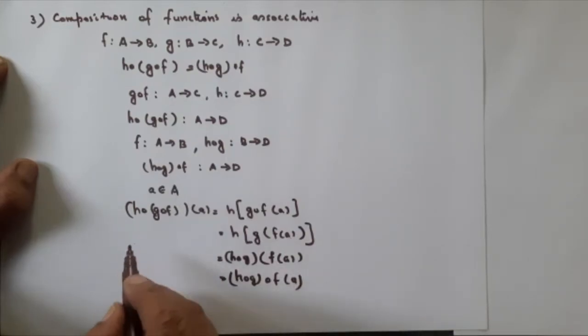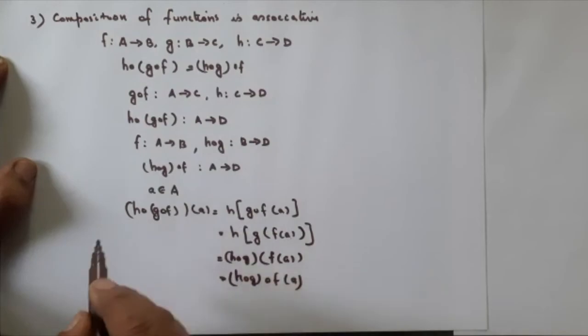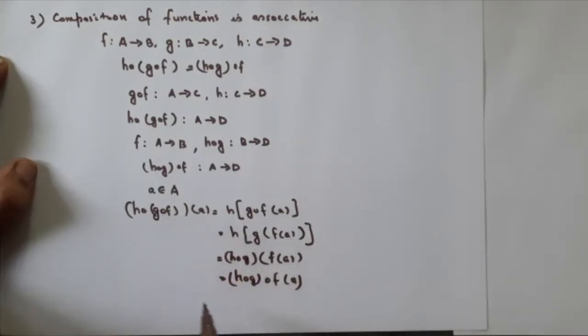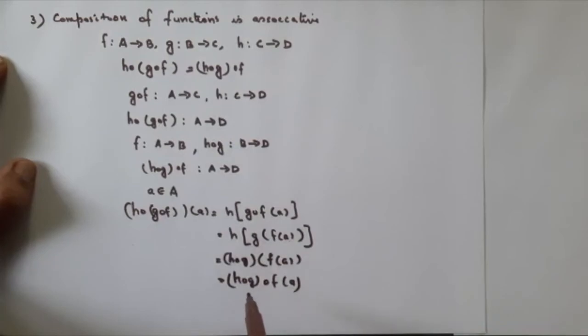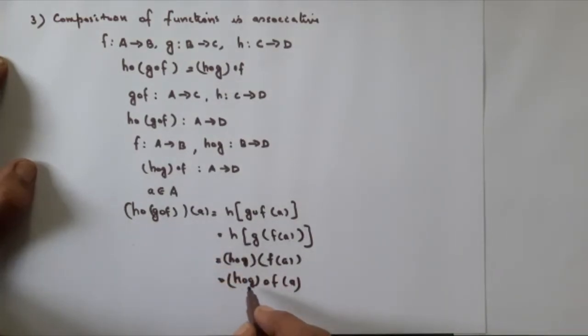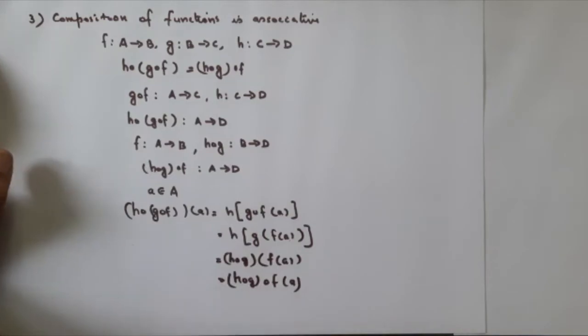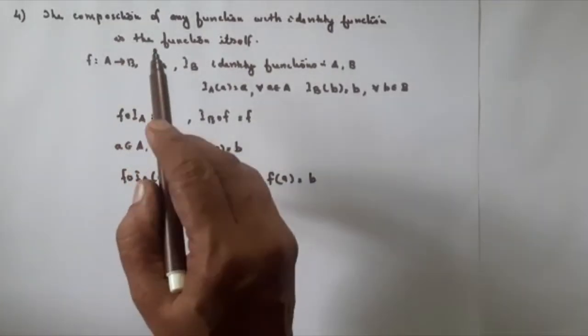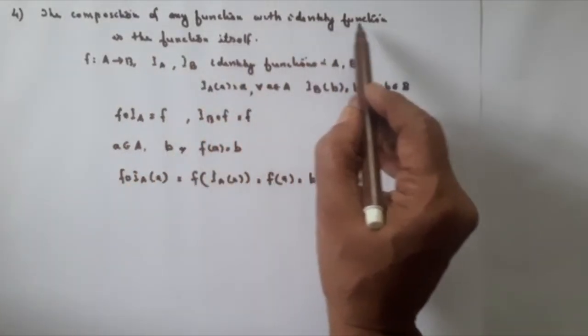Therefore, what can you write? The effect of (h dot g) dot f on a equals the effect of h dot (g dot f) on a. That means you can write (h dot g) dot f equals h dot (g dot f). Therefore, the composition of functions is associative.